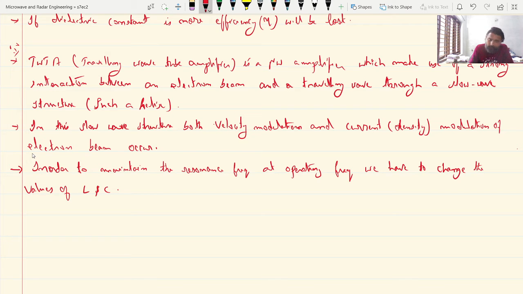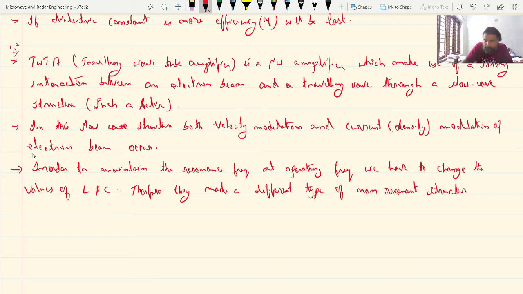Therefore, the scientists who made this traveling wave tube made a different type of non-resonant structure.